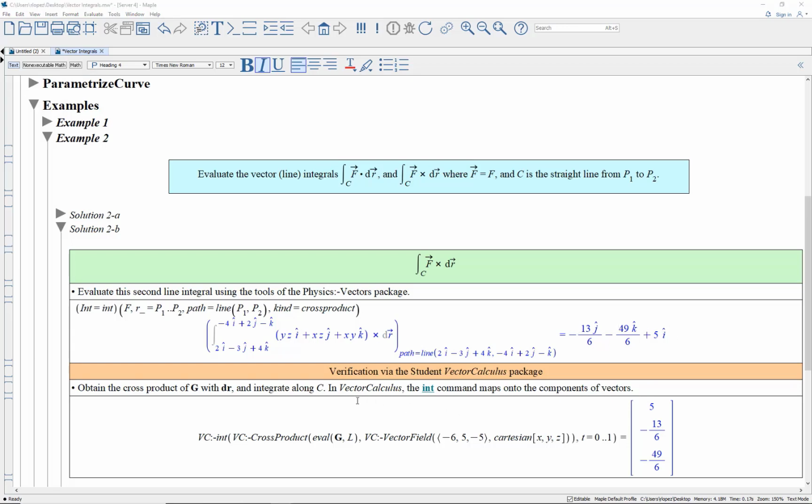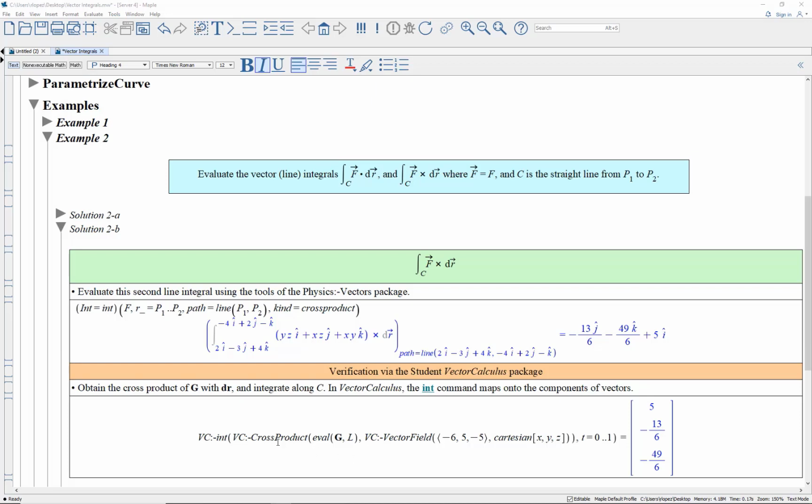By way of verification, we use the VectorCalculus package. We need the cross product of G with dr. Now, dr is this vector, but it has to be represented as a vector field. Okay, so all of this represents dr as a vector field.